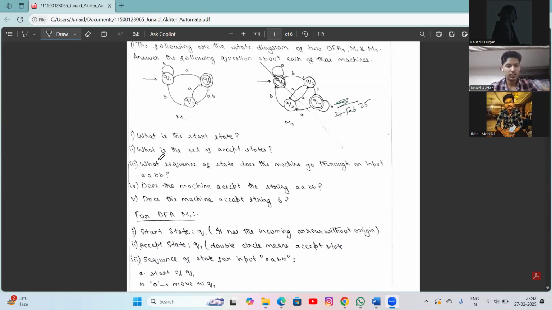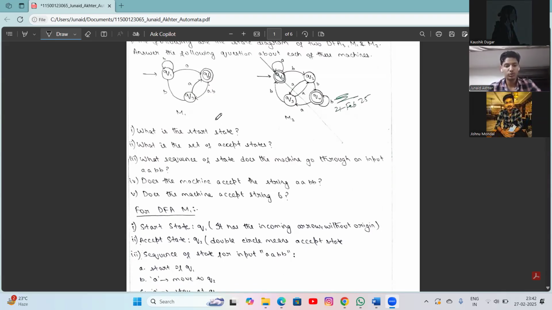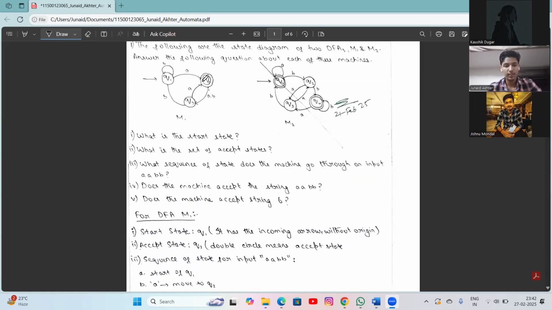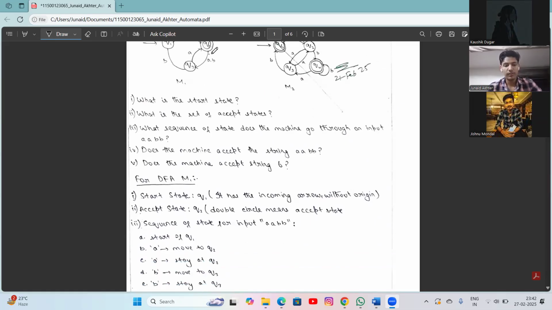Now the next question is, what sequence of states does the machine go through on input AABB? It will start with Q1. A will move to Q2 and the next A will stay at Q2. Then B will move to Q3, and the next B will stay at Q3.